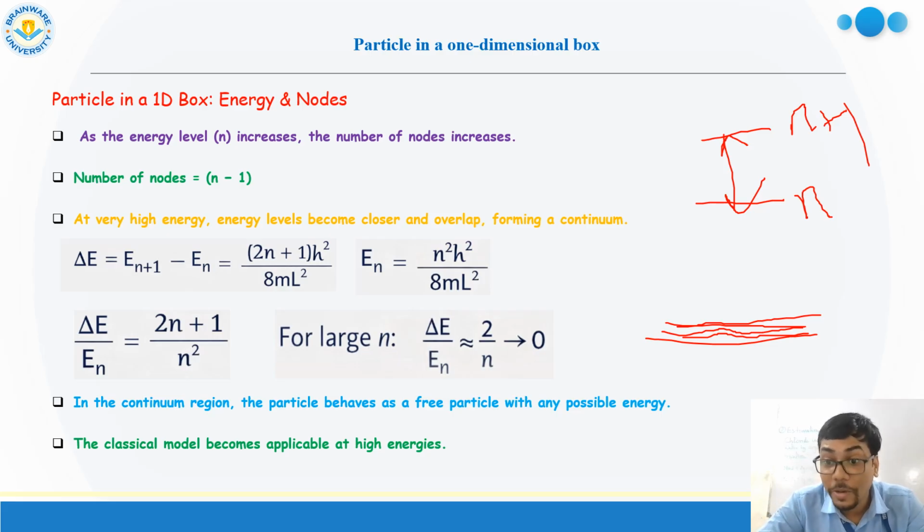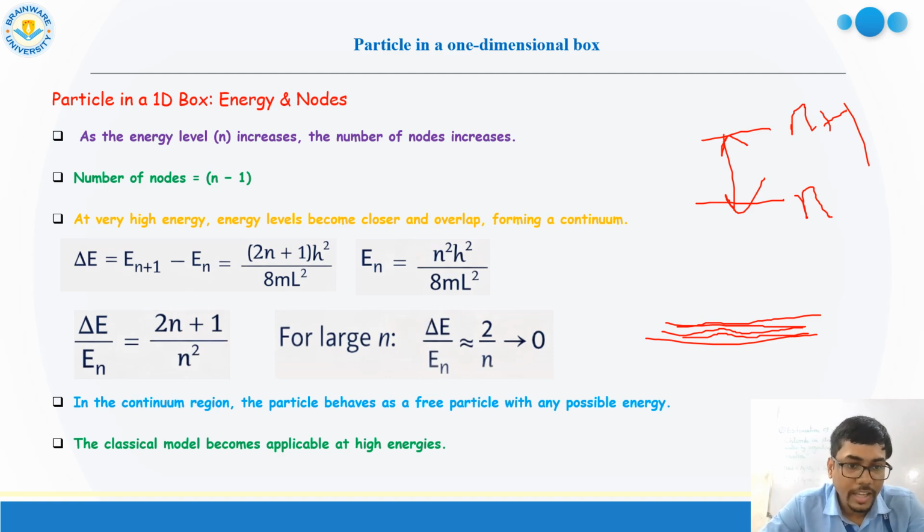This is the property of classical mechanics. In quantum mechanics there must be an energy gap; it is discrete in nature. But if I put a high n value, we get continuous energy levels. So from this we can predict that at high n value, the quantum mechanically calculated result exactly matches the classically calculated result.